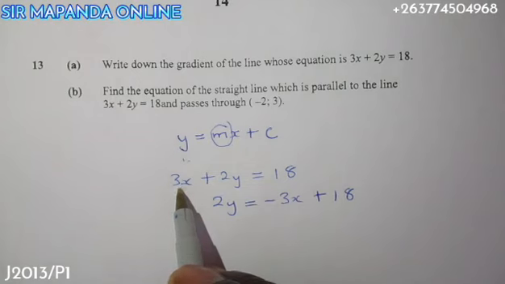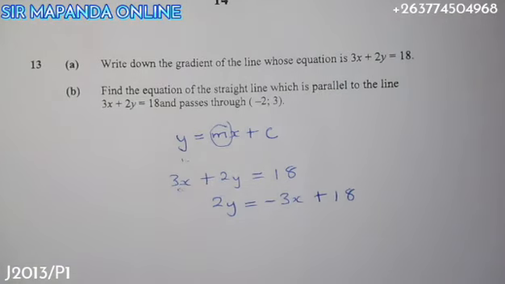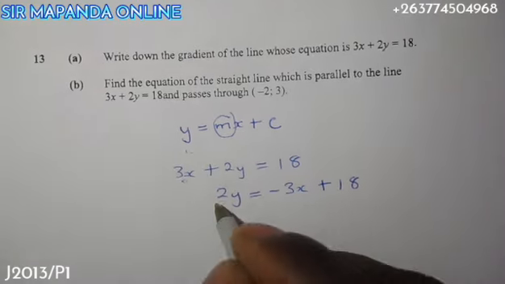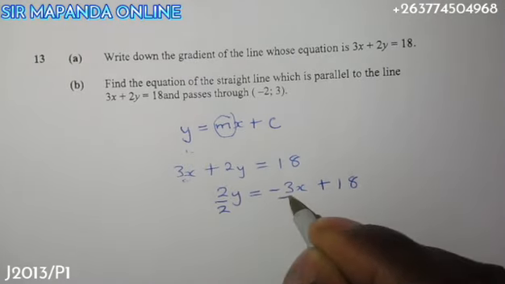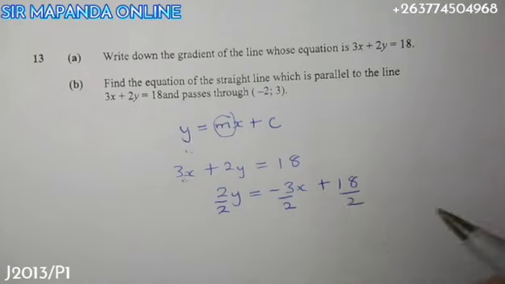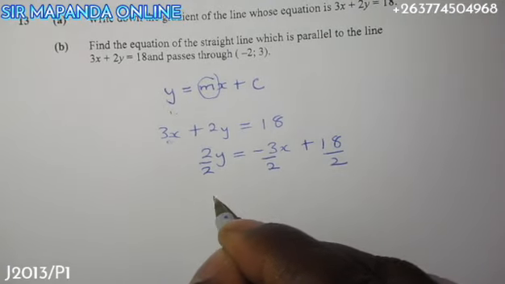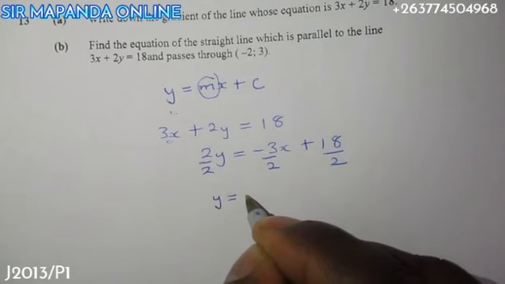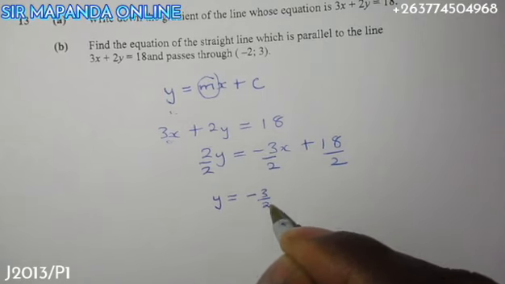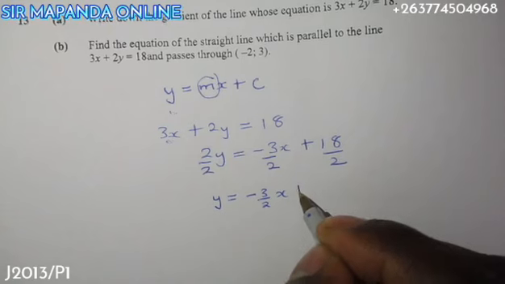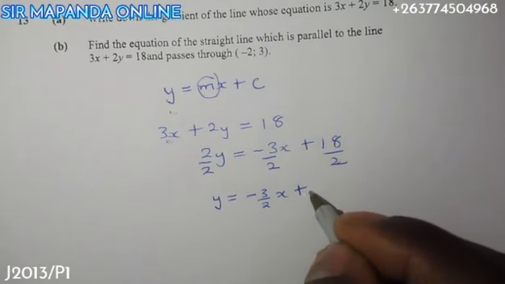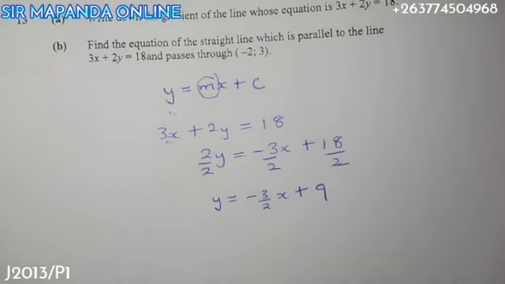Remember, the positive 3x becomes minus 3x if we move it to the right side. Then divide both sides independently by 2. 2 into 2, they cancel each other off, leaving you with y is equal to minus 3 over 2 x. Then what is 2 into 18? 2 into 18, you get 9.